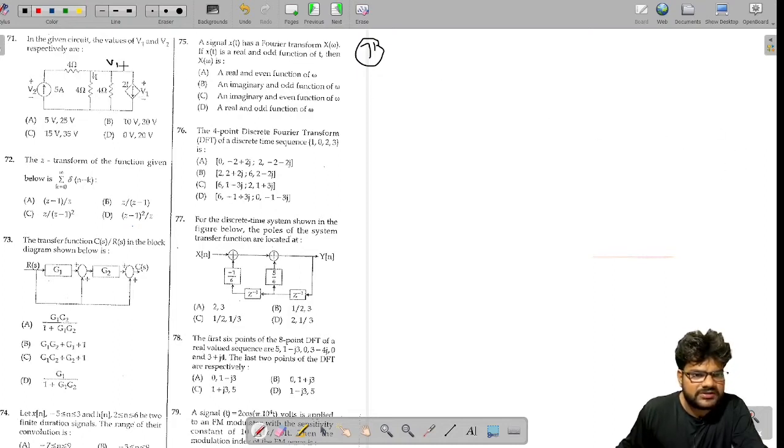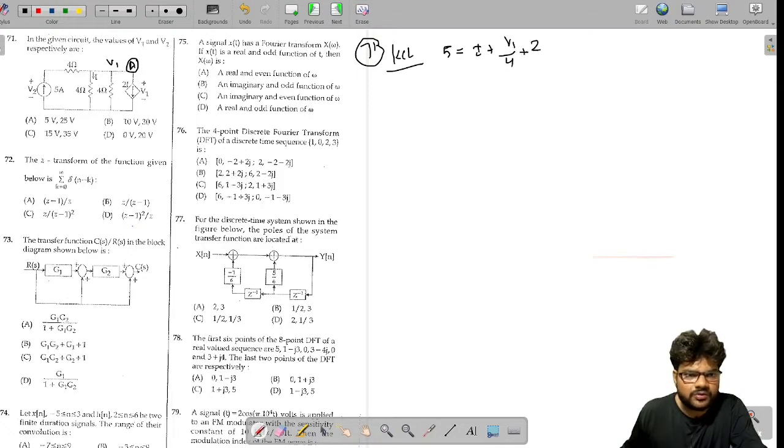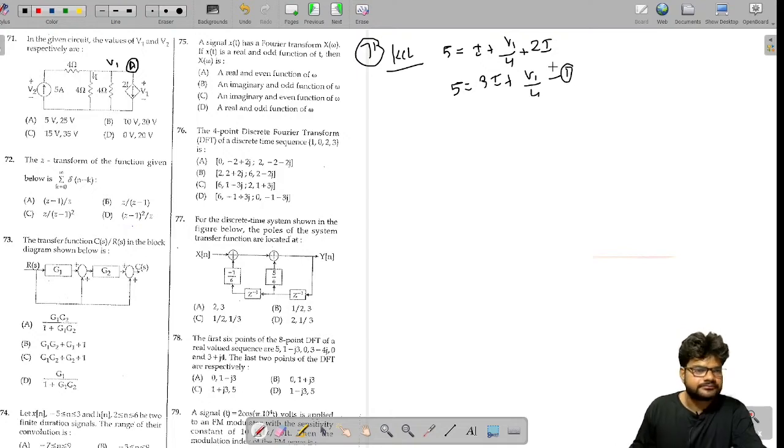Let's apply KCL at this node A. So writing KCL, the incoming current is 5 equals the outgoing current, which will be I plus V1 by 4 plus this is going to be 2I, right? So 5 equals 3I plus V1 by 4. So this is equation 1.